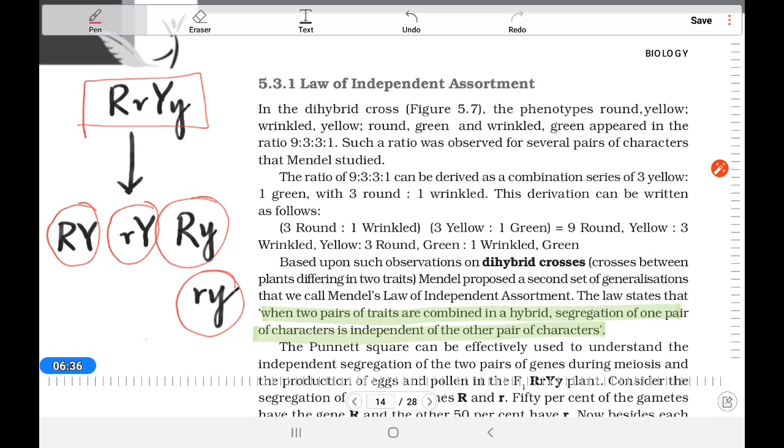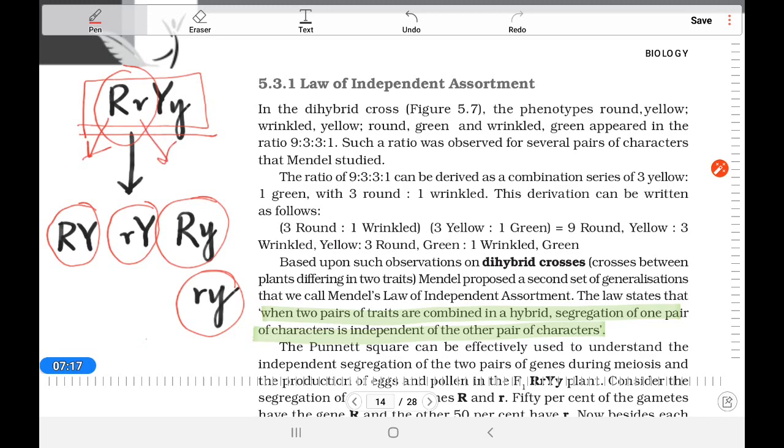It is very easy to understand: here is one allele, here different pairs, in homologous chromosomes, but they are independent. It means that here capital R is independent, and it can be randomly rearranged in their gametes, and in offspring also it can be there in all possible combinations.